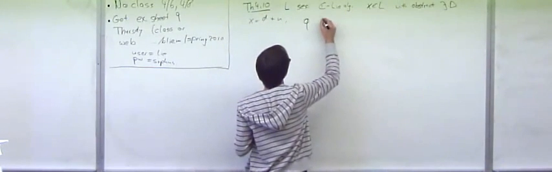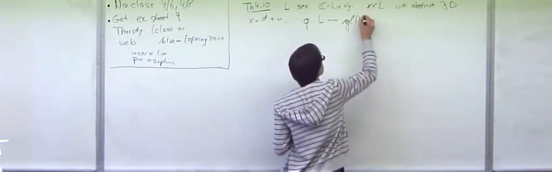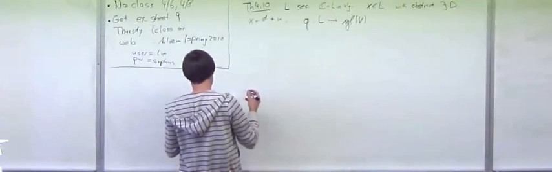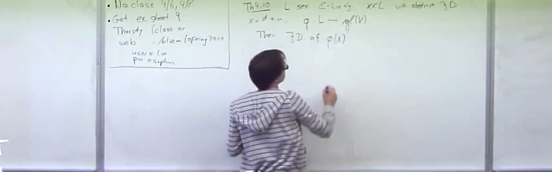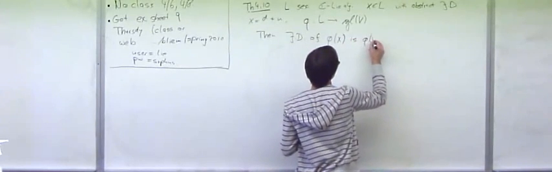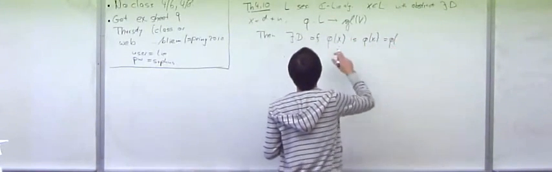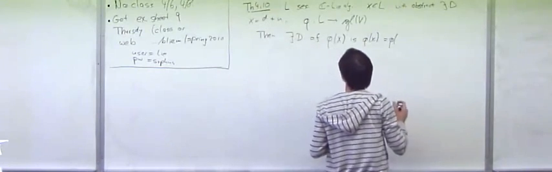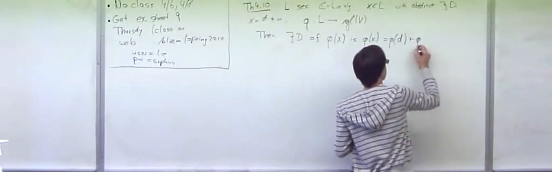And then we fixed any representation of L on a vector space V. And the claim was then the Jordan decomposition of the operator by which X acts on the vector space is given just by the images under the representation map of D and N.